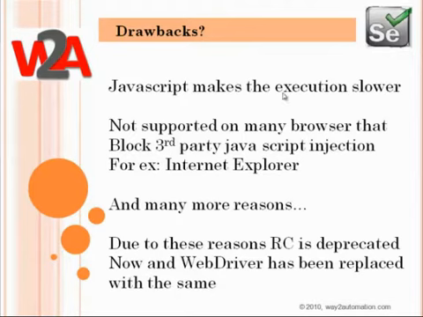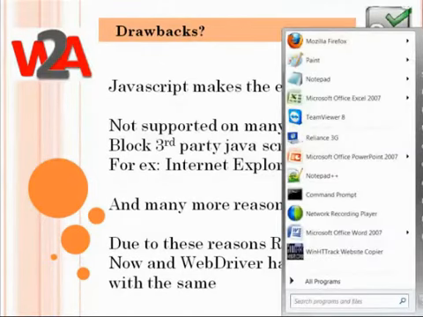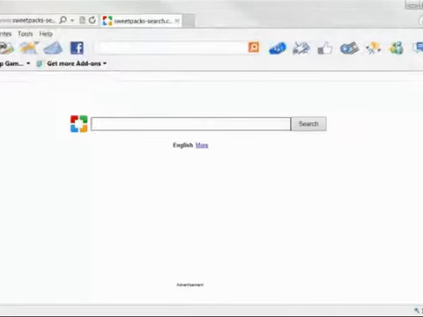For example, IE is a highly secured browser, and sometimes in IE, at the left bottom of the browser, you see a yellow triangle. That is basically a JavaScript alert, because IE does not allow any third-party JavaScript to be injected onto its browser.